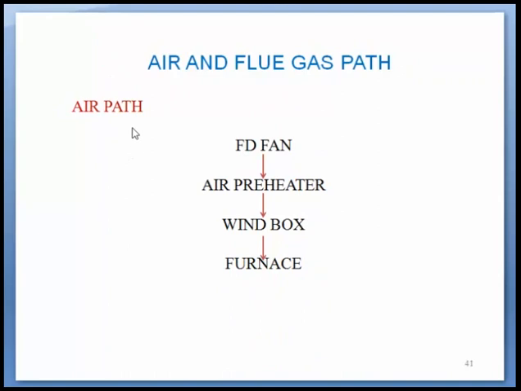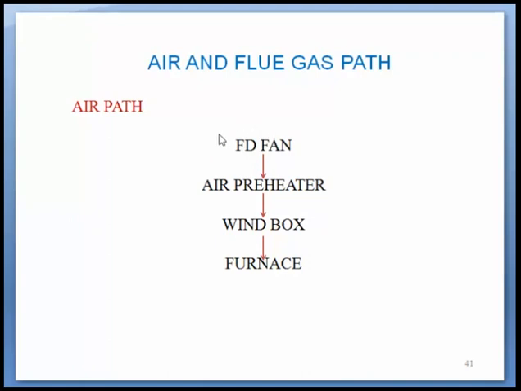Then comes the air path. There are two types of supply of air. One is primary air and another is secondary air, also known as combustion air. As we discussed, the purpose of primary air is to carry the coal, and it is supplied by the primary air fan.